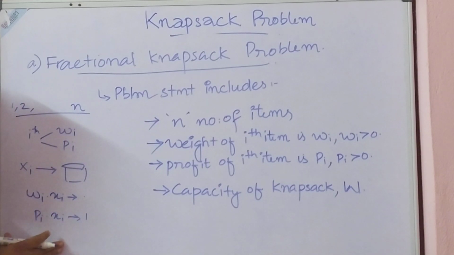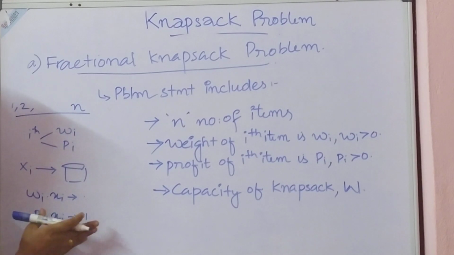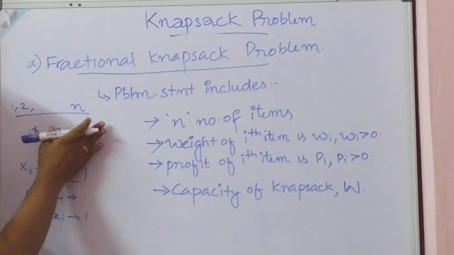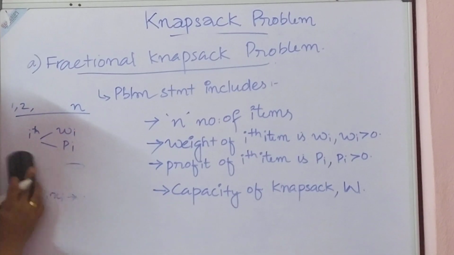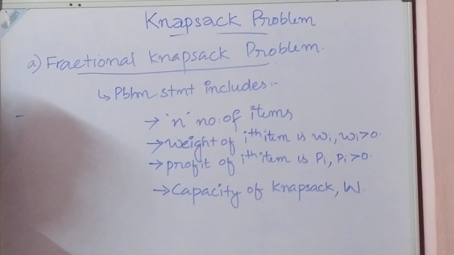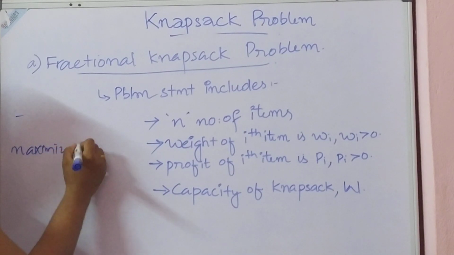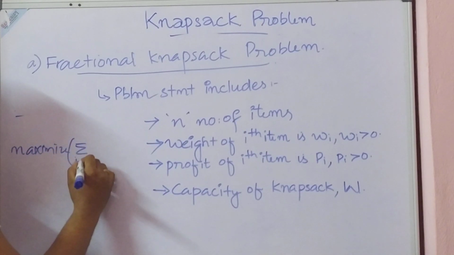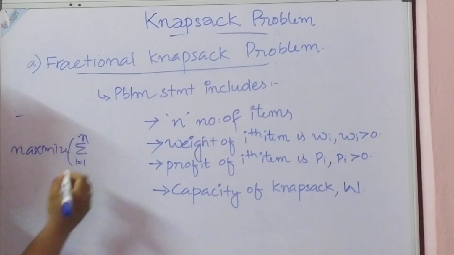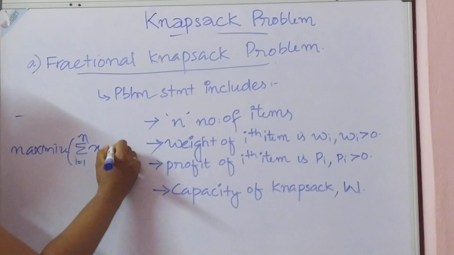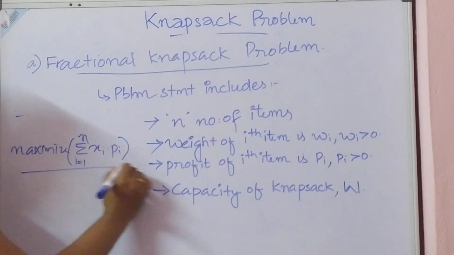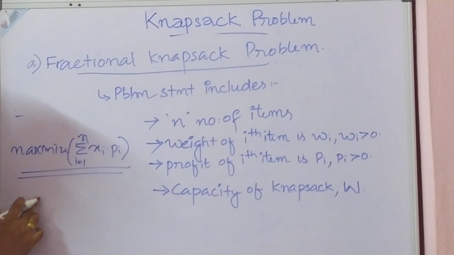What is our aim? Our aim is to maximize the profit. That is, maximize summation i equal to 1 to n of xi Pi. But there is a constraint. What is the constraint?